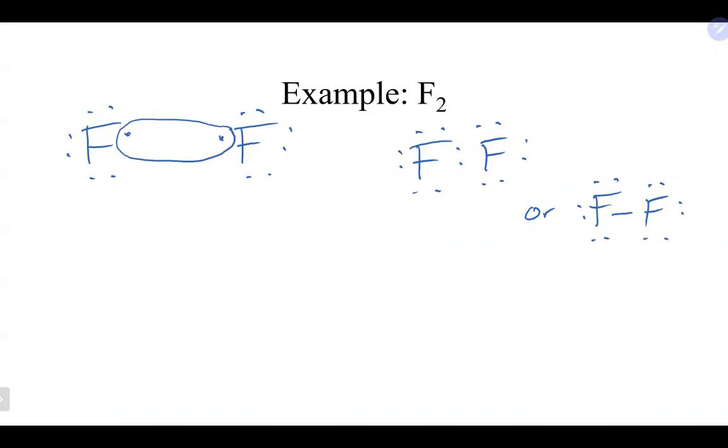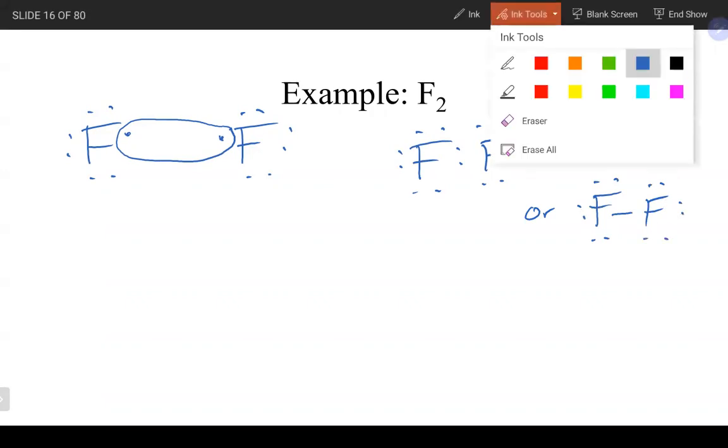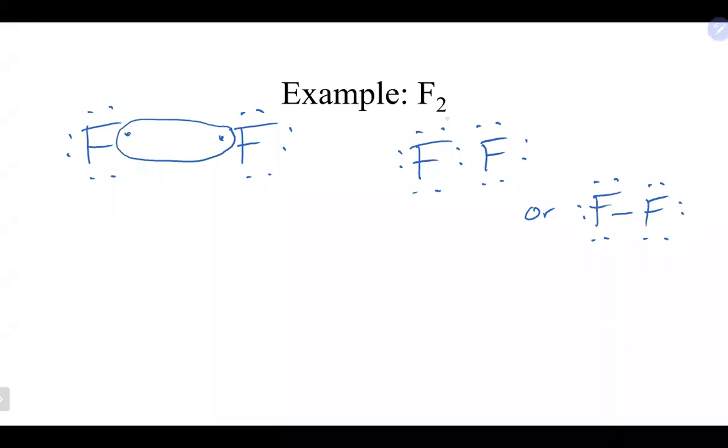And in this particular case, if we look at those electrons in the center, they do count for the guy on the left, which gives him 8 electrons. They count for the guy on the right, which also gives him 8 electrons. And once again, by sharing electrons in a covalent bond, we're able to get both of those elements to basically the noble gas configuration, which makes them really, really stable.